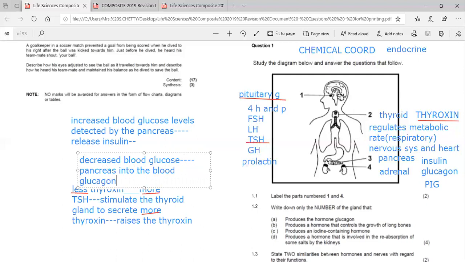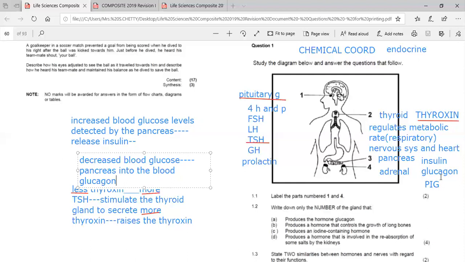That's a hormone that will now target your liver and muscles and cause the conversion of glycogen back into glucose. That glucose will enter into the blood and become available to the cells again. That raises your blood glucose level. So whilst insulin decreases your blood glucose level, glucagon raises your blood glucose level. There we go. Pancreas produces insulin and glucagon.